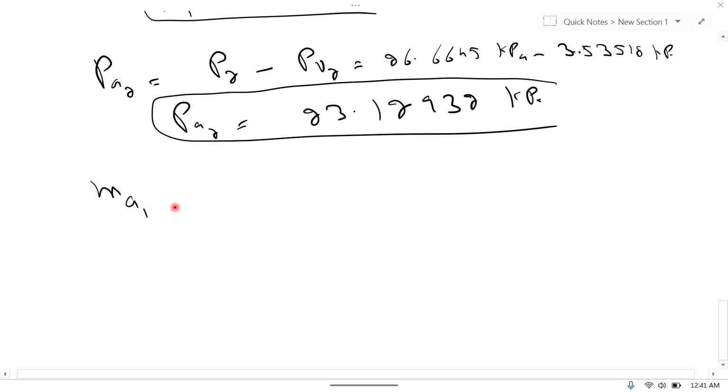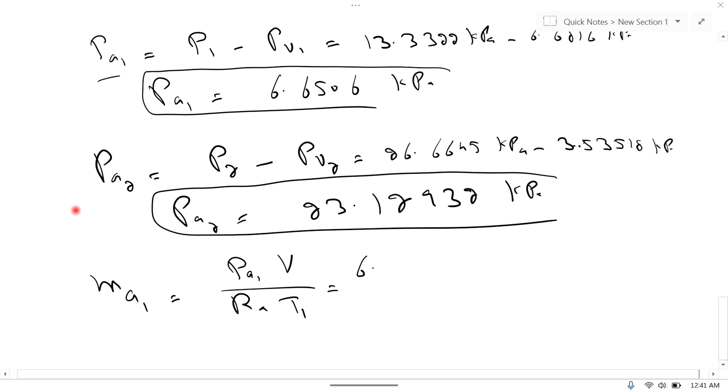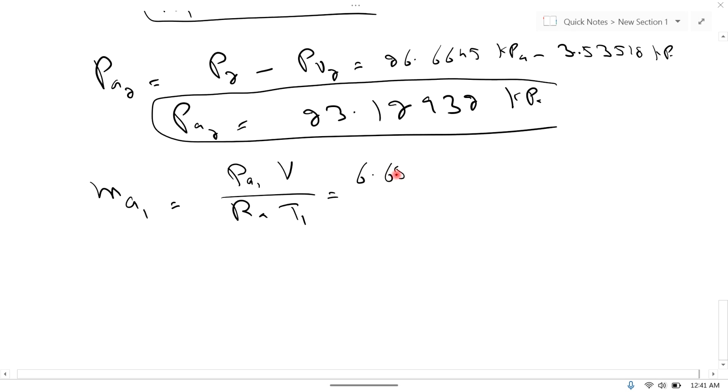So MA1, mass of air initially, is PV divided by RT. So PA1 multiplied by volume of the vessel, divided by R of air and initial temperature. So PA1 is 26.6506 kilopascal.